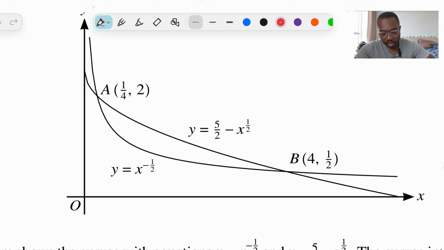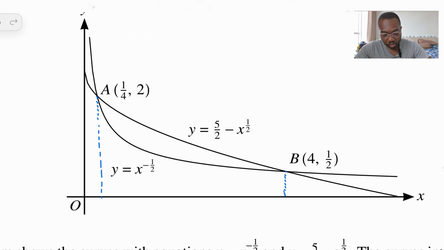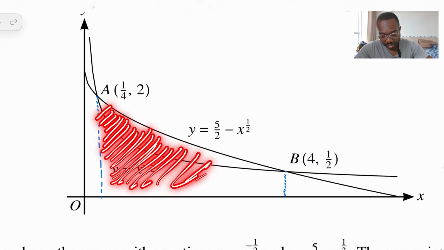So if I just draw a dotted line here, let's think of this. If we think about integrating between 1 over 4 and 4, well, effectively, if we do that top curve, the 5 over 2 minus x to the half, if we integrate that, then the area under the curve would be all of this. That's what we're working out. We'll end up working out all of this here.